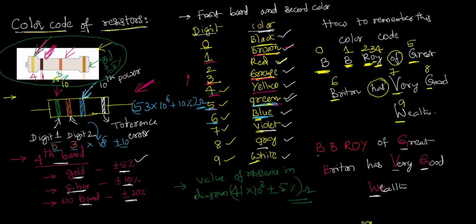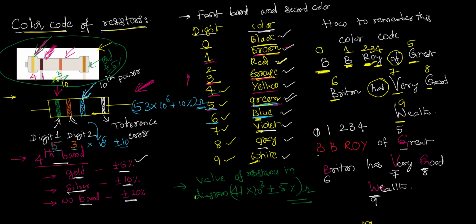So BB Roy of Great Britain has very good wealth, which can be decoded as 0 black, 1 brown, 2 red, 3rd orange, 4th yellow, 5th green, 6th blue, 7th violet, 8th grey, 9th white.